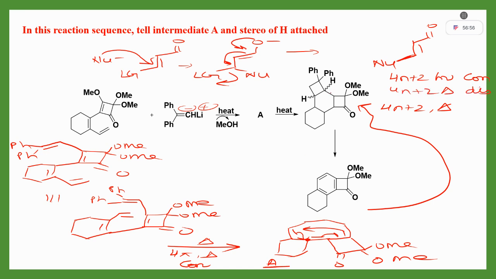These substituents here are opposite, and this is undergoing this. So obviously they will be cis in the product. So the stereochemistry of hydrogen will be cis, and after retro 2 plus 2, sorry, you will get this system.